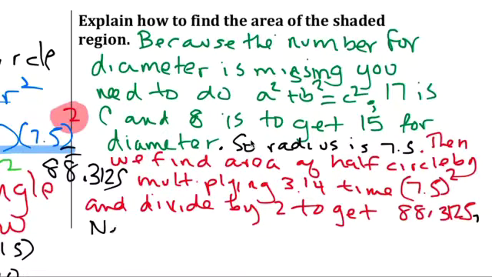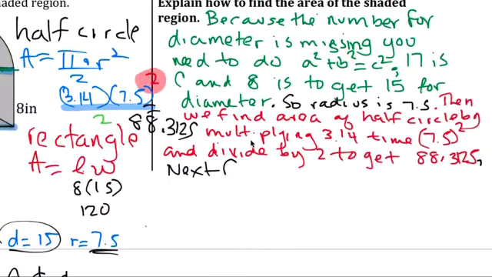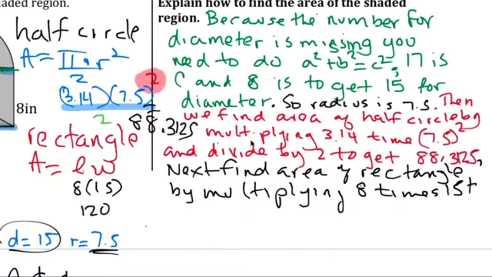Next, find the area of the rectangle by multiplying 8 times 15 to get 120.